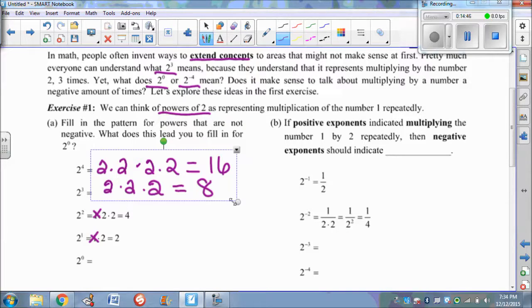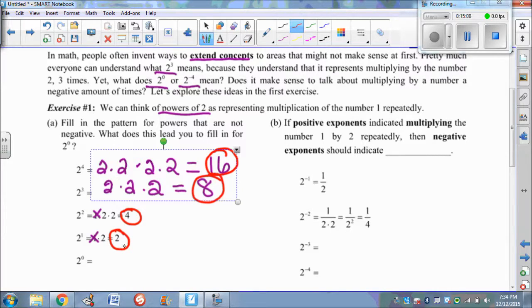So what I want you to focus in on is some patterns that are occurring here. We know we are multiplying by 1 less 2 as we work down this pattern. 16, 8, 4, 2. What's happening with our answers?